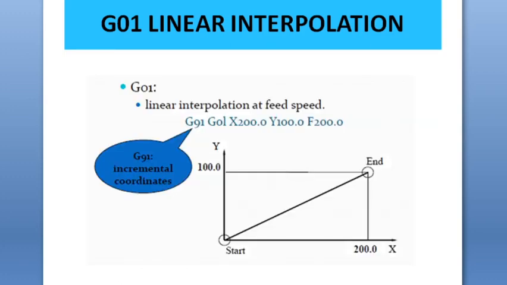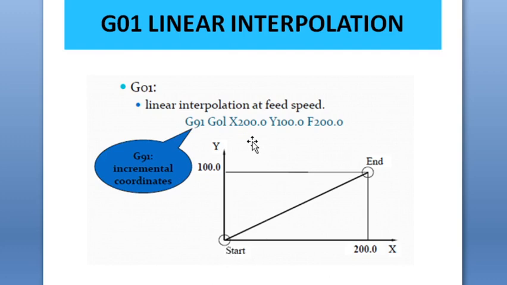So for example, here the tool is moved in this direction. It moves upward. There is a starting point. Here we have used G91, or incremental move. It is incremental from this point, the previous point, the starting point of the line.